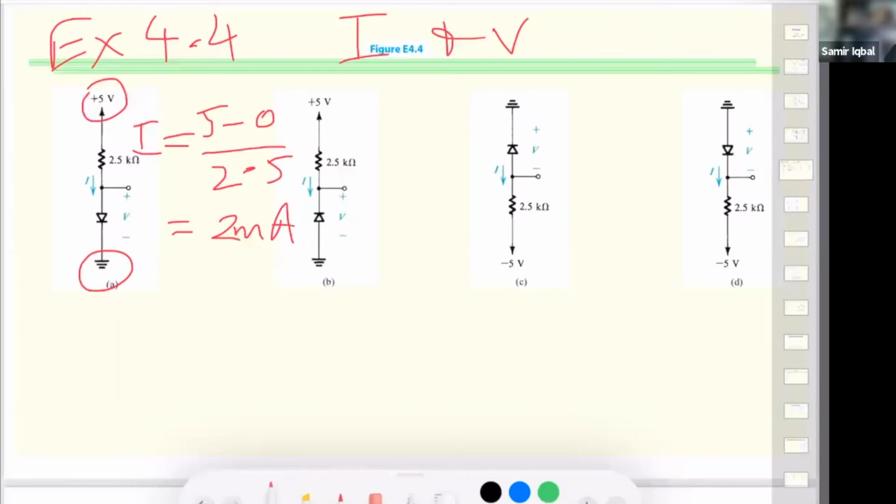The voltage across the diode would be 0.